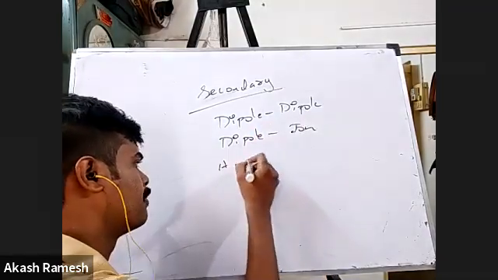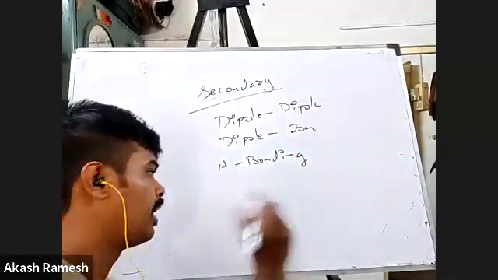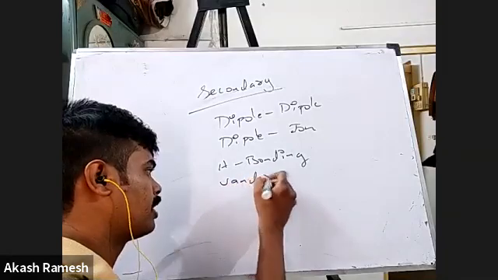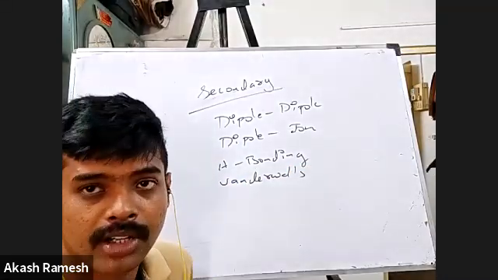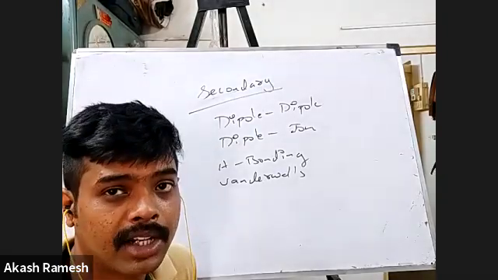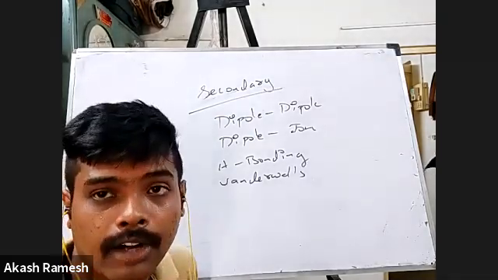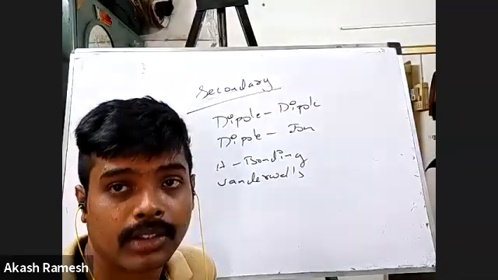I have the beautiful phenomenon of hydrogen bonding. And lastly, I have something called van der Waals forces. So this is what we are going to study today: dipole interactions, dipole ion interactions, hydrogen bonding, and van der Waals forces. We'll see one by one.